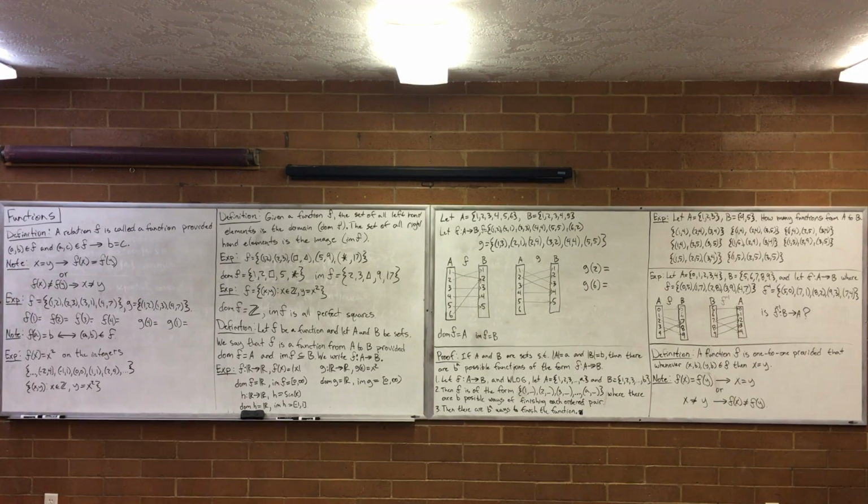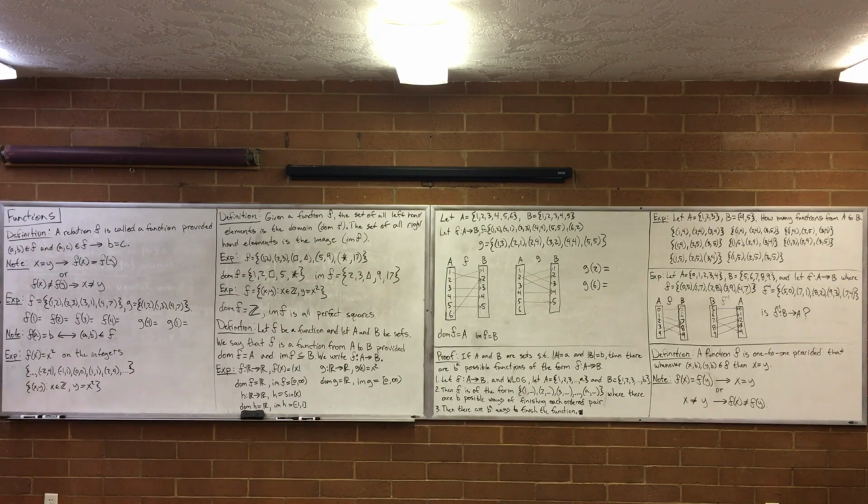Here's the way I like to think about a function. If x is equal to y, f of x had better equal f of y. The contrapositive is sometimes a useful way to think about it: if f of x is not equal to f of y, then x had better not be equal to y. These are both logically equivalent, and they're all saying the same thing.